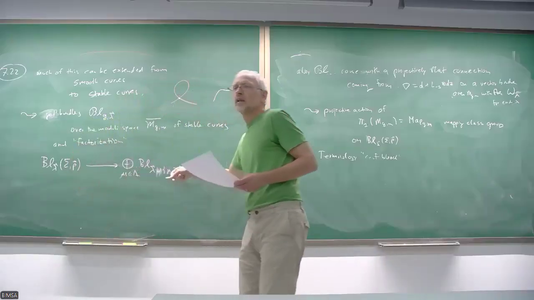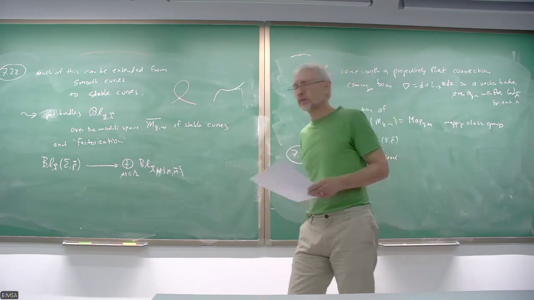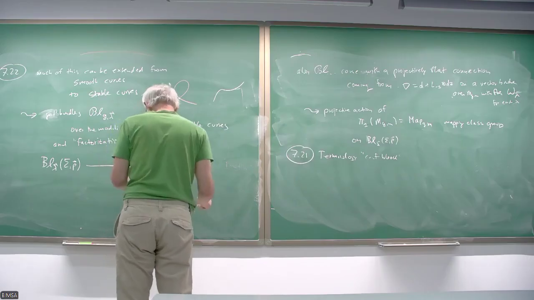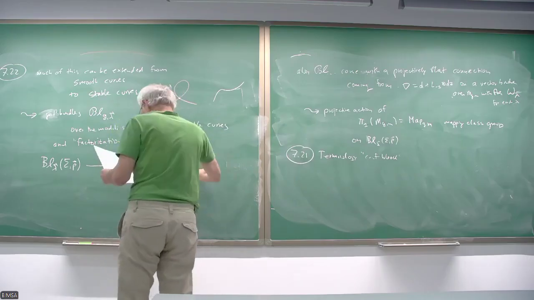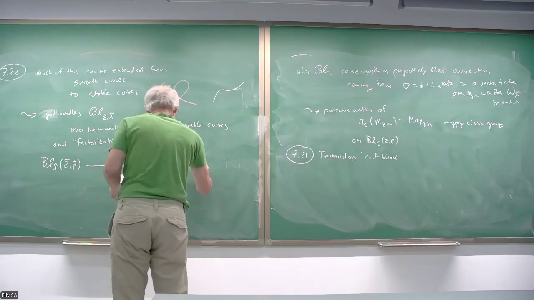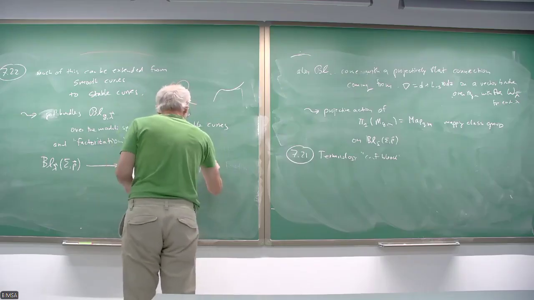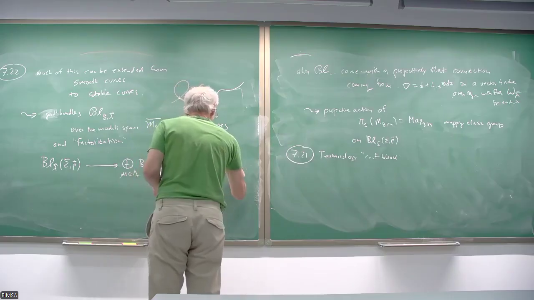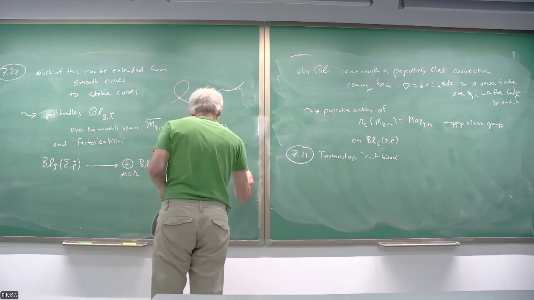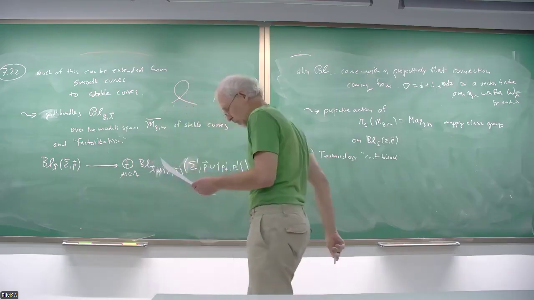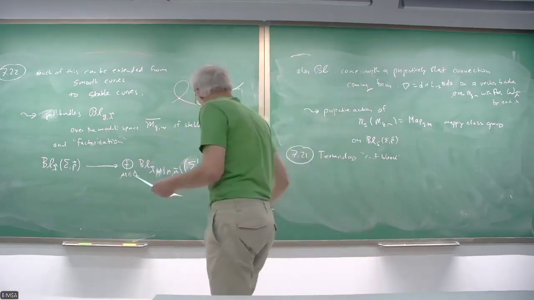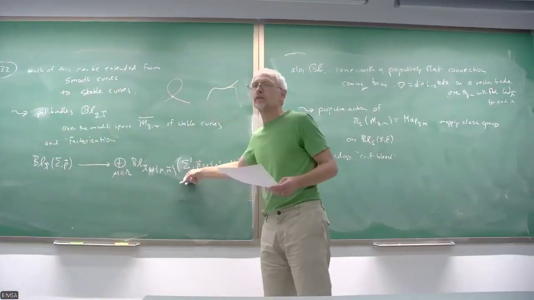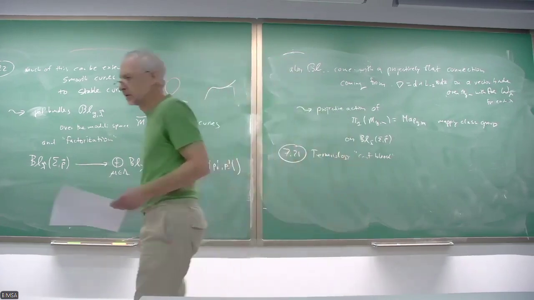And mu bar is the label corresponding to the dual module. And then I have the space of blocks for sigma prime and E together with these two additional points where I have these labels mu and mu bar. And sigma here is a curve with singularity. Sigma prime is the one that I get by blowing up.